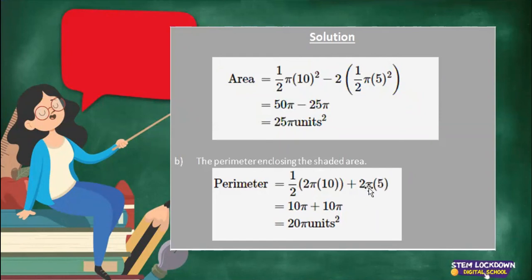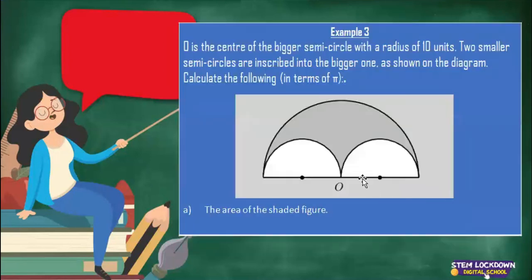And then for the other two small semicircles, the circumference of each small one is half times 2 pi r. 2 pi r is the formula for a full circumference, and because this one is a half circumference, half of 2 pi r means pi r.